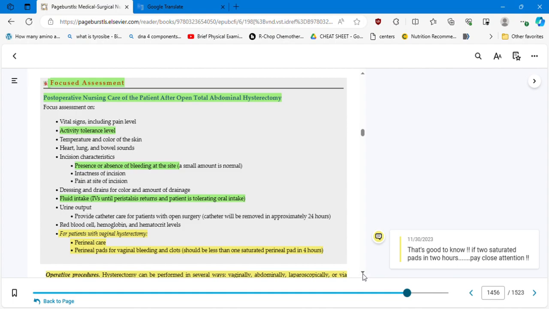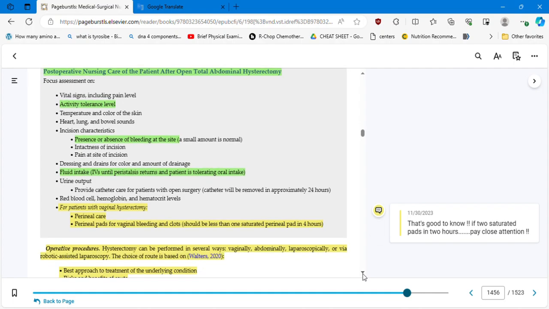Okay, if the hysterectomy is done vaginally, then you have to monitor for vaginal bleeding and clots, which should be less than one saturated perineal pad in 4 hours, right?